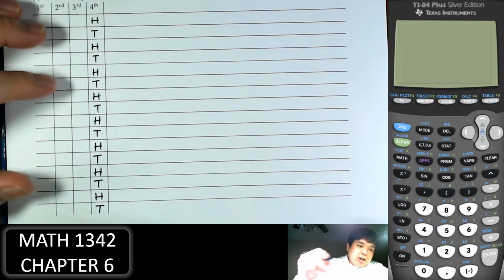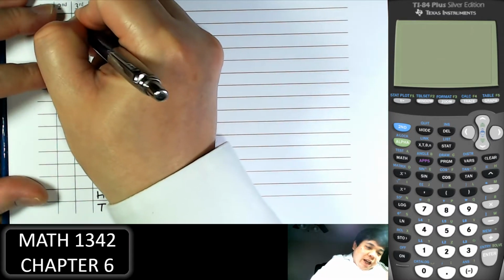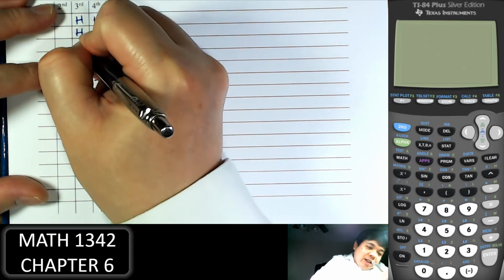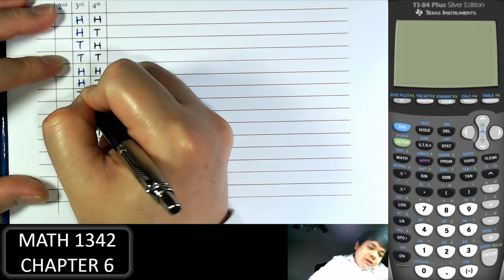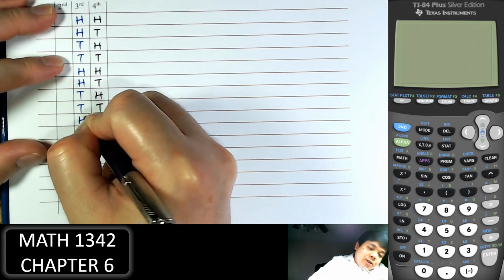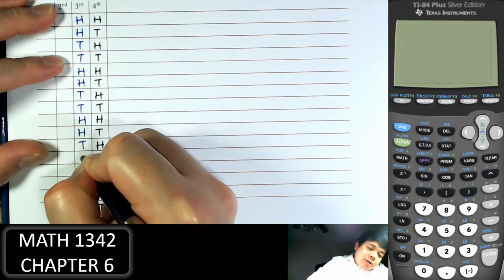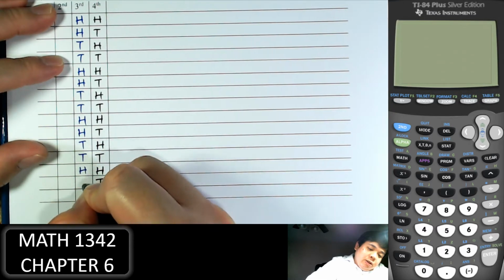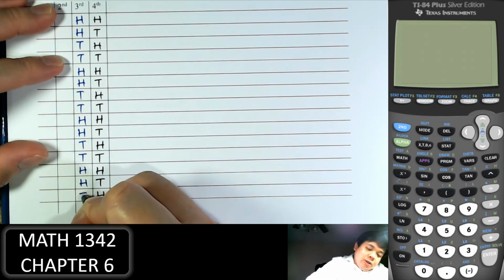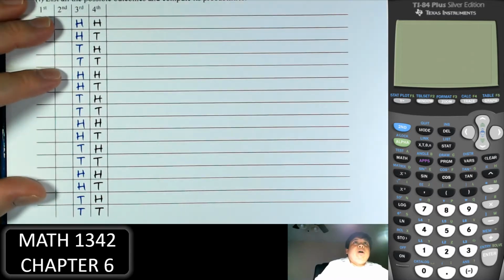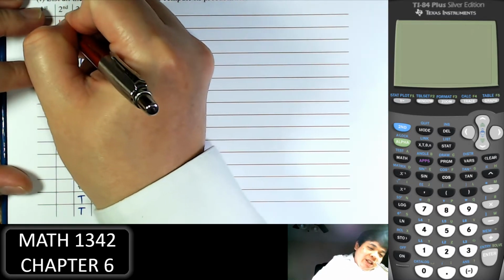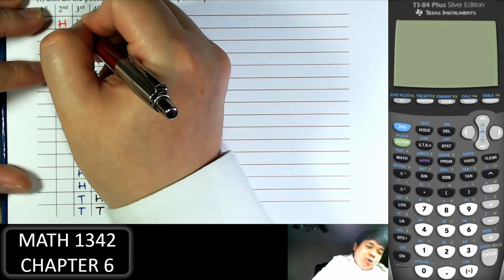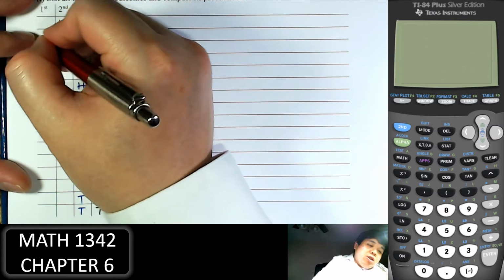The second column alternates every 2: head, head, tail, tail, and so on. The next one will alternate every 4, sorry, 1 times 2 times 2 is 4, times 2 is 8.